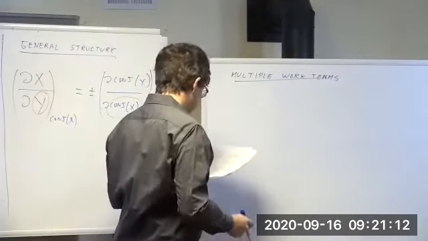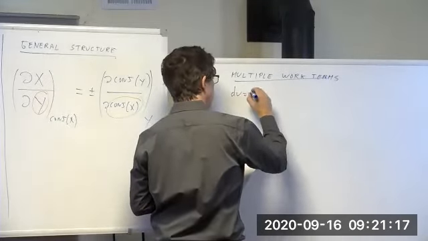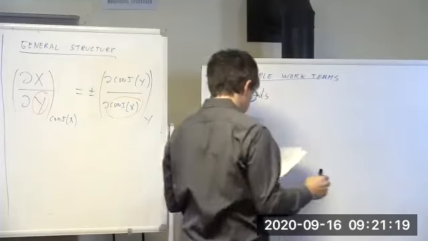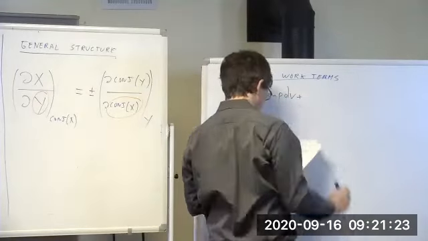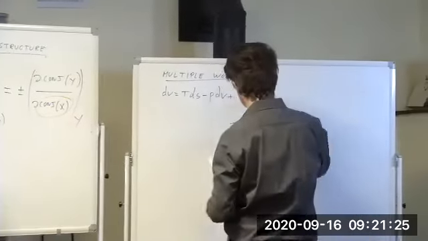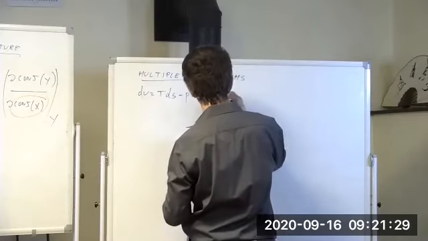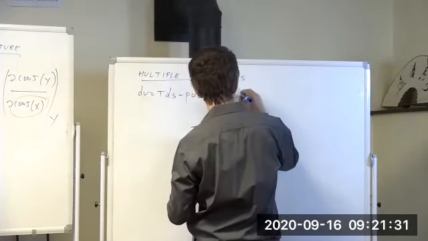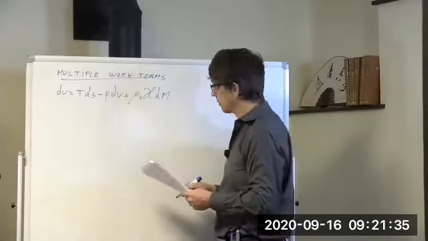Let's do magnetism. Okay, so my du would be T ds minus P dV plus mu naught H dM, I'll carry the mu naught around, here we go. If I have magnetism, that's my magnetic work term.